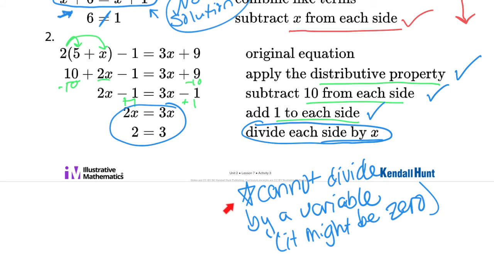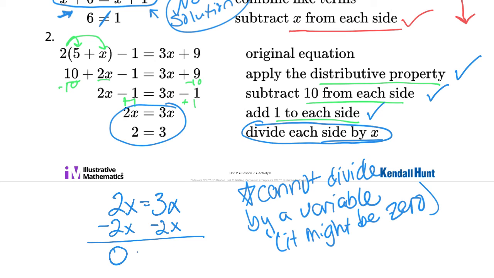So make note of this right here, that you cannot divide by a variable because it might be 0. And so what we should do, if he's at the point of 2x equals 3x, he should subtract 2x from both sides of the equation. So on the left, he would just end up with 0. On the right, he ends up with 1x. And here it turns out that, yeah, x does equal 0. If you plug x equals 0 back into your original equation, you would see that it would make the equation true.